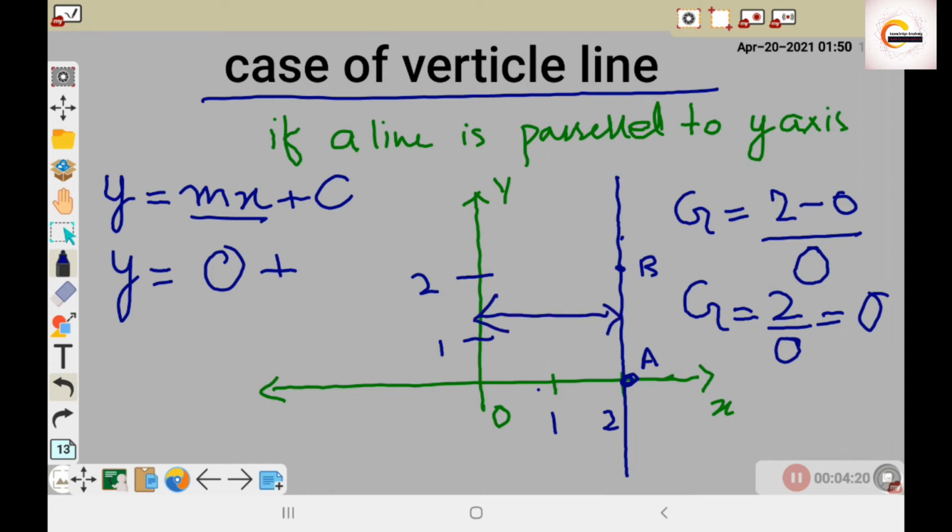Because this straight line is not cutting the y-axis at any point, so it's 0. Therefore the y-intercept is 0, and hence our equation of the straight line becomes y = 0.